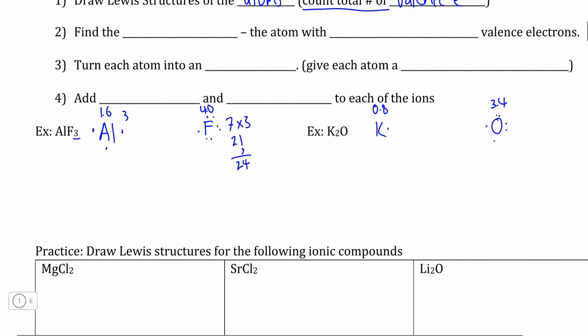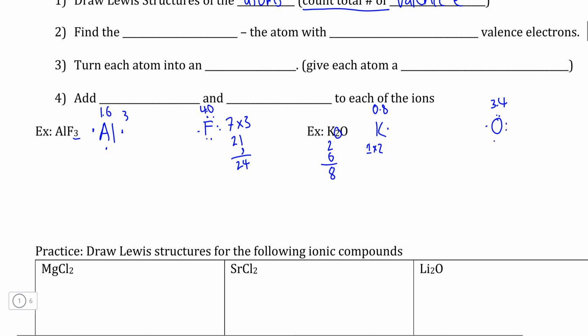For potassium oxide, potassium has 1 valence electron times 2 for 2 potassium ions is 2, and then oxygen brings with it 6 valence electrons, which means that we're dealing with a much simpler total of 8.